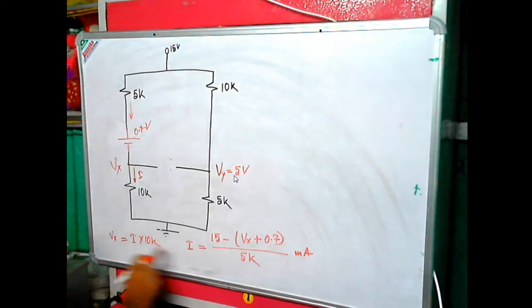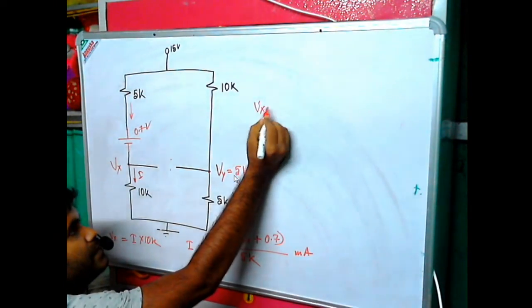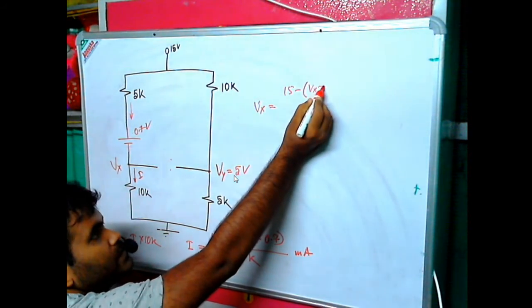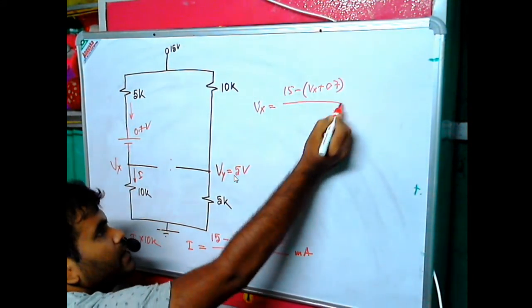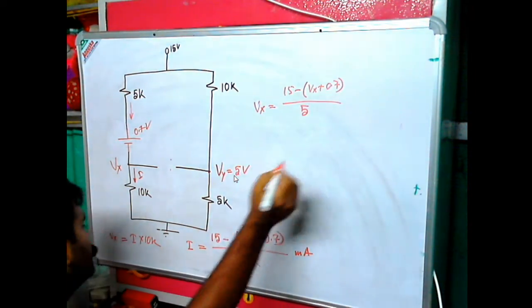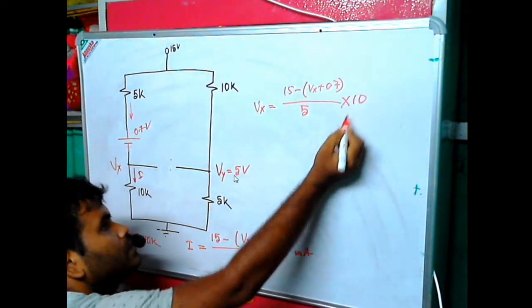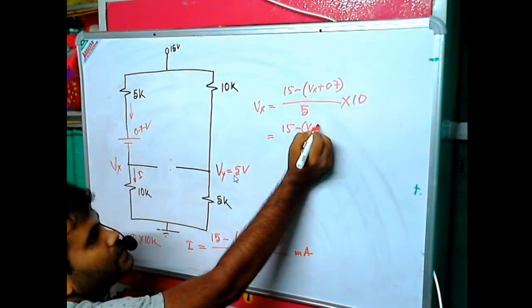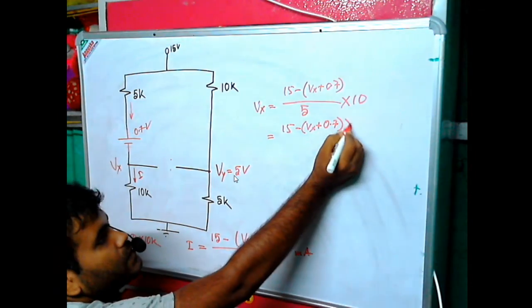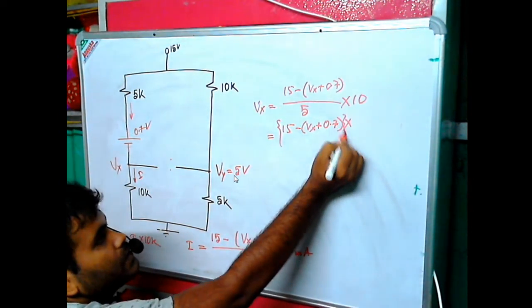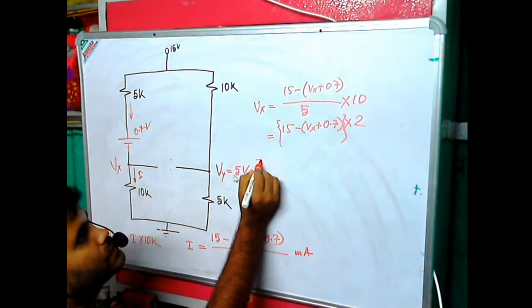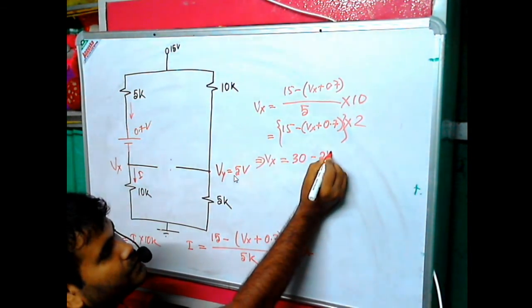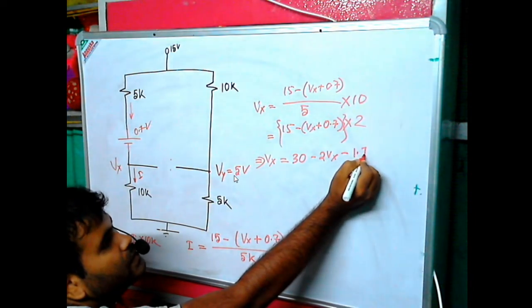Now you can put the value of I over here, so Vx is 15 minus Vx plus 0.7, divided by 5, into 10k. So it will be 15 minus Vx plus 0.7, whole into 2, so Vx is 30 minus 2 Vx minus 1.4.